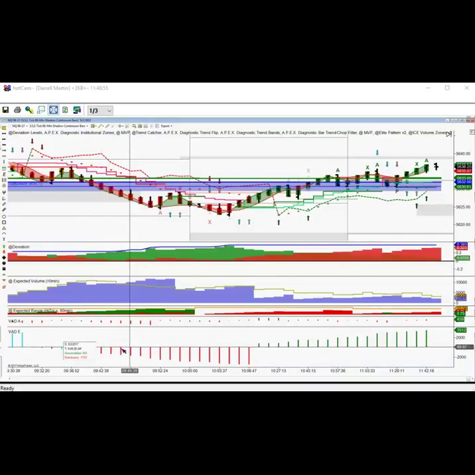It's not just a histogram on movement. This is actual volume, okay? So it's adding all the volume from each bar. So it's taking that bar's volume and that bar's volume and adding it together. This one is taking all three bars and adding it together, okay? So it's adding all the bars in the trend's volume together.